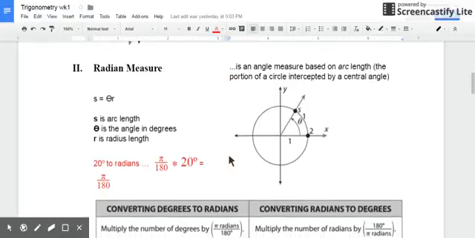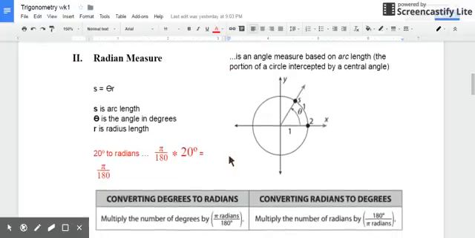For the second part, for radian measures, a radian has to do with, if you've been in geometry, the outside of a circle. You have, of course, the circumference of the circle, but different pieces of the circle are called arcs, and you can get the measure of the arc length.